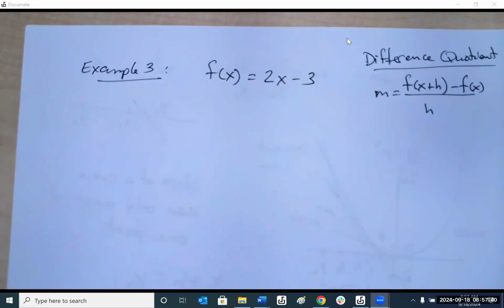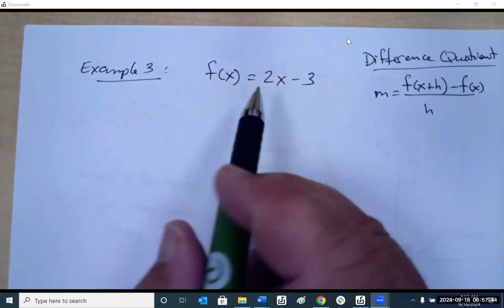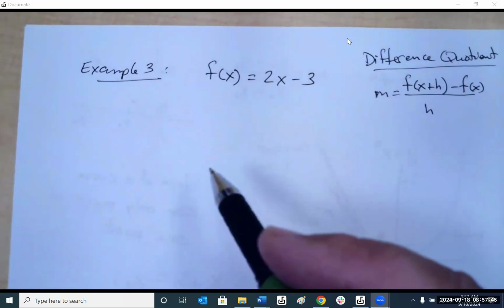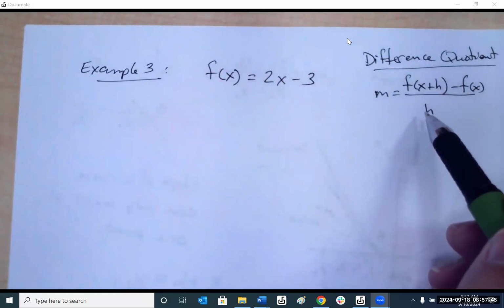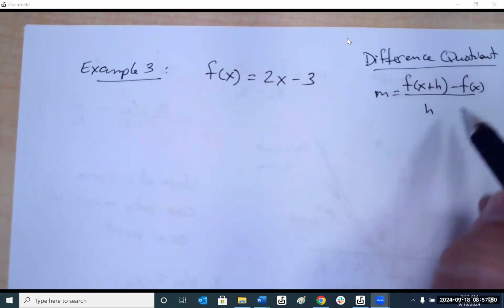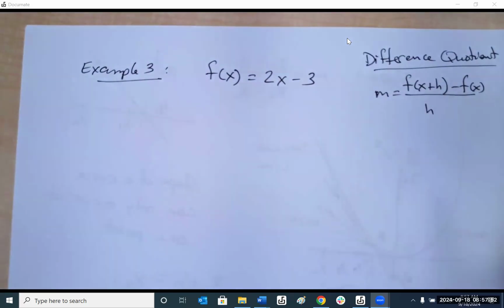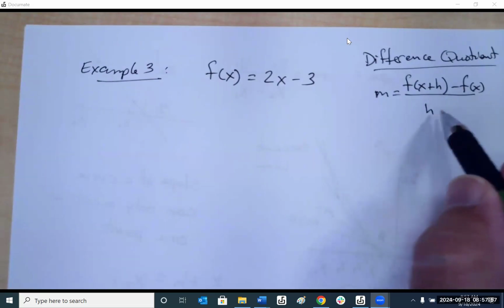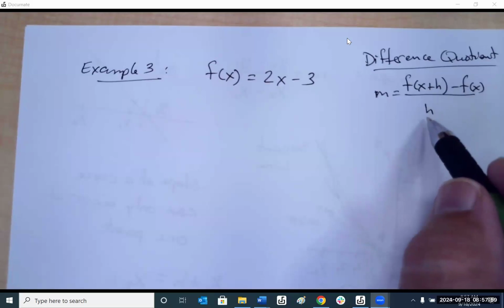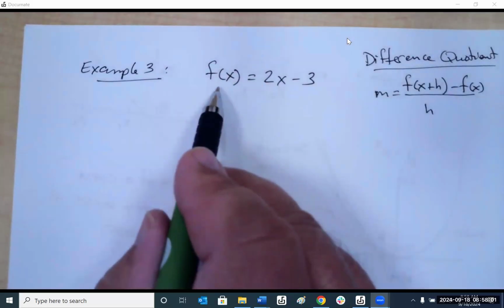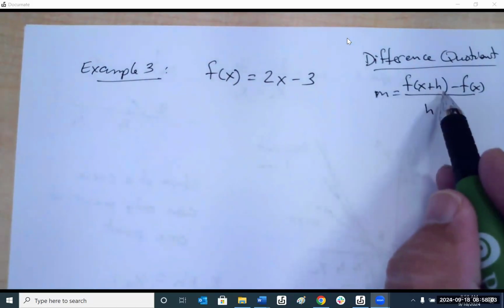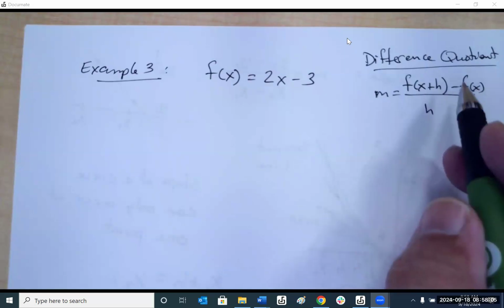Remember, whenever you do anything in math, when you read the question, put down what you know. I gave you the function. I said, find the difference quotient. Well, what's the formula for it? Looking at the formula, what do we need? h is just any h. Okay, we have f of x right here. Do we have f of x plus h? So we have to find it.